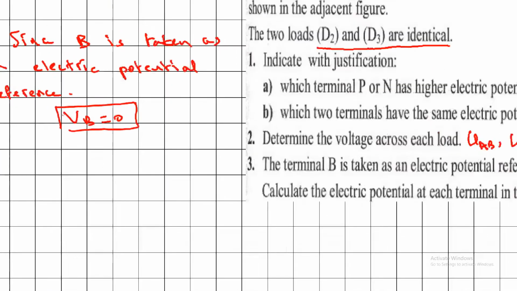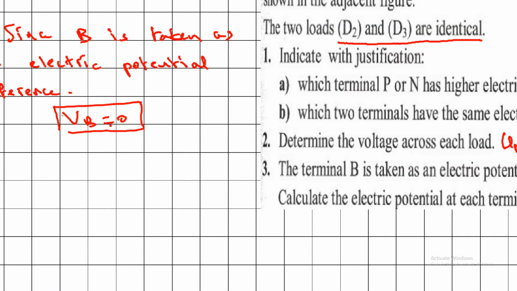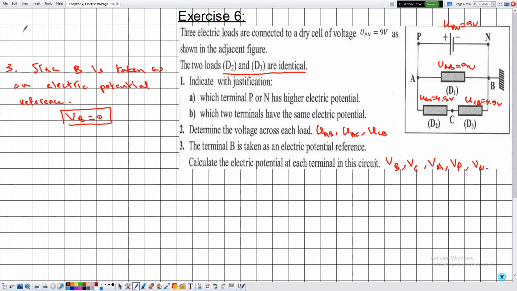What's the unit of V? V is expressed in volts, but notice that 0 multiplied by anything is 0, so no need to write here the unit. So here we have that VB is equal to 0. We are done with the point B.